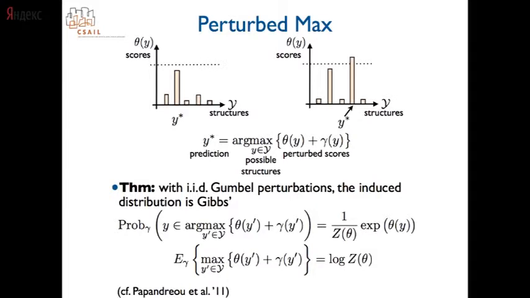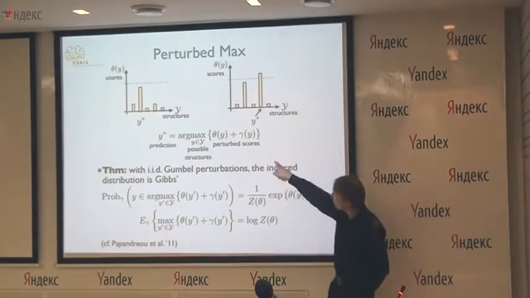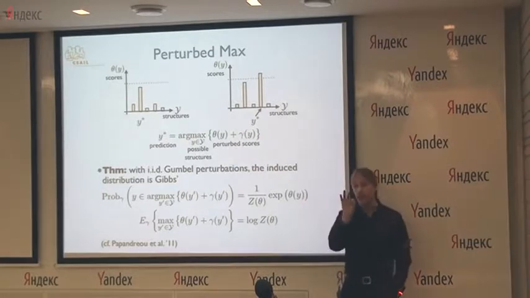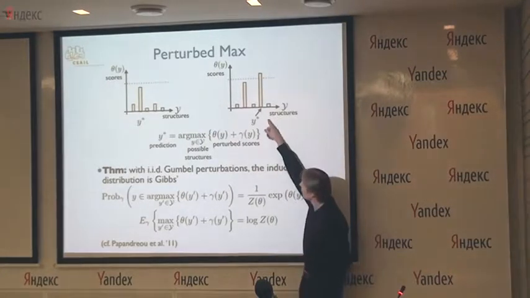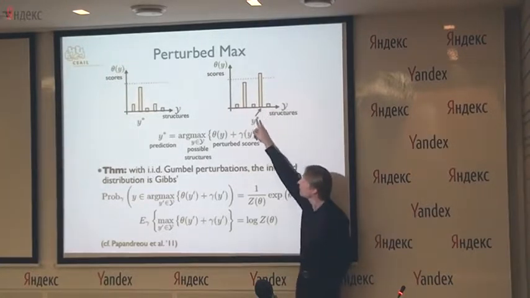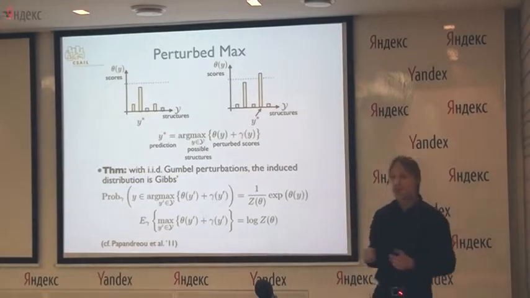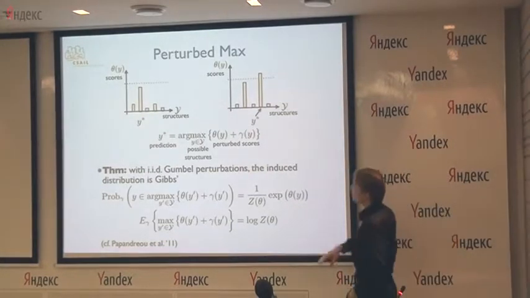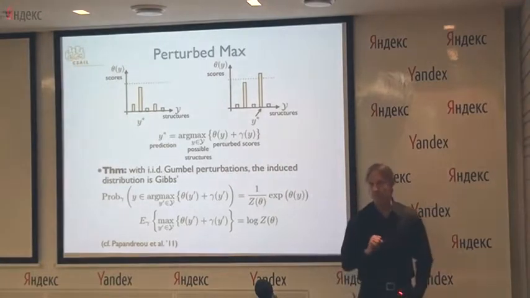In this case, the perturbations follow an extreme value distribution called the Gumbel distribution, and the perturbation is assigned separately for each structure. So you introduce a different perturbation selected independently at random for each of the structures here. In that setting, the same perturbation model introduces a distribution that's exactly Gibbs.